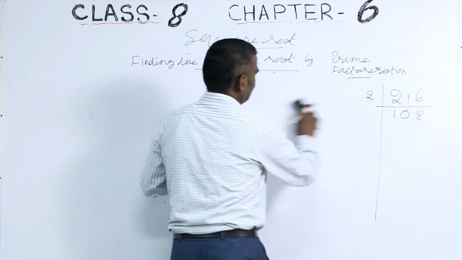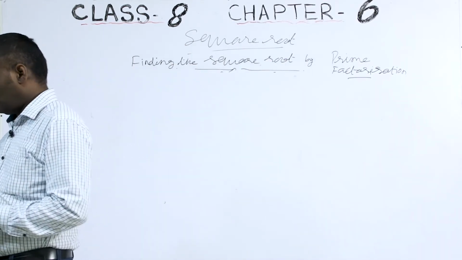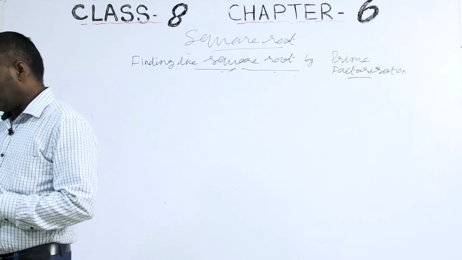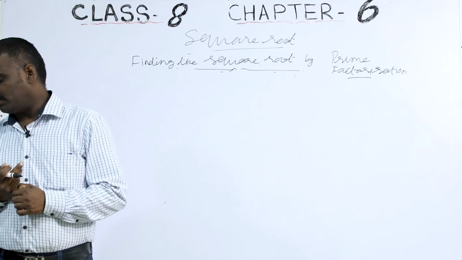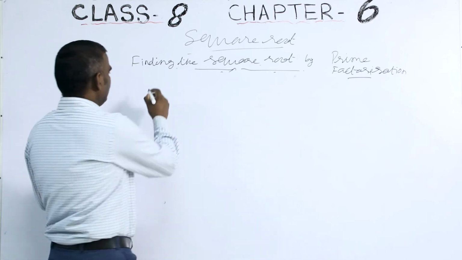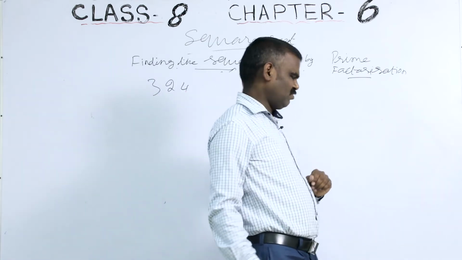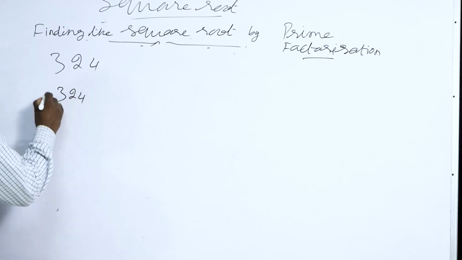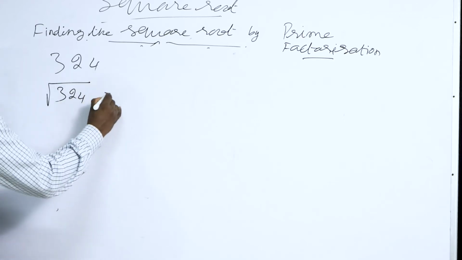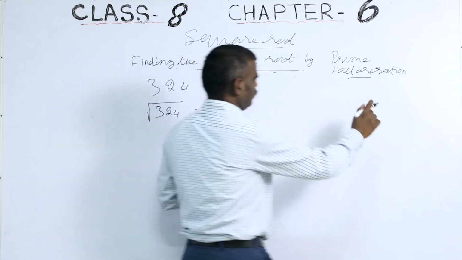Okay, now quickly, I have to do one question. 324. I think it is a perfect square number. So 324, square root of 324.